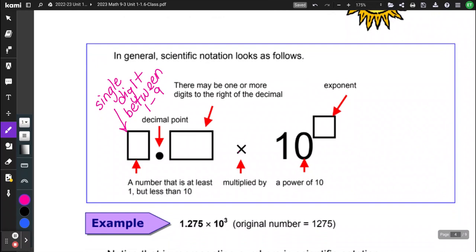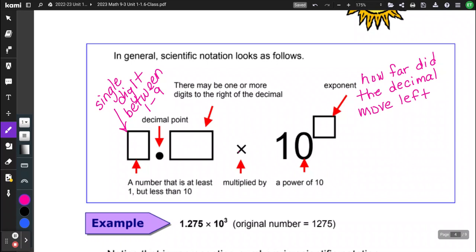The exponent tells us how many places we moved left. How far did the decimal move to the left? That's what it tells us. That's what that little exponent number is telling us, is how far did that decimal go to the left?